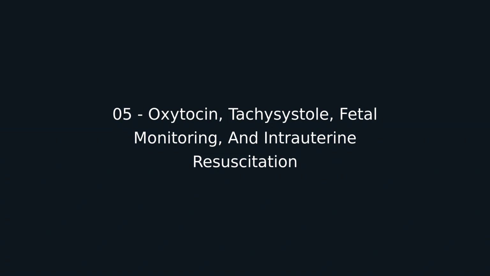A late deceleration traditionally suggests uteroplacental insufficiency because it is gradual and delayed relative to the contraction. A prolonged deceleration can come from many points in the pathway: maternal hypotension, cord prolapse, tachysystole, abruption, uterine rupture, rapid descent, or another acute event.